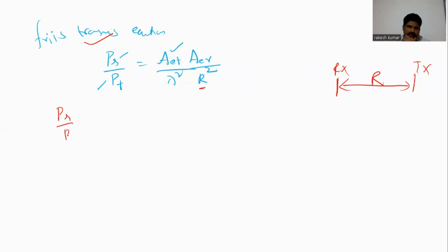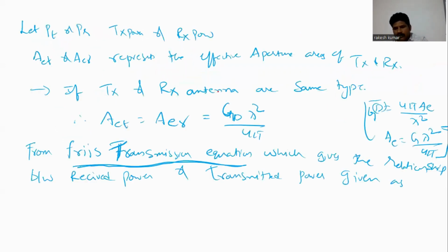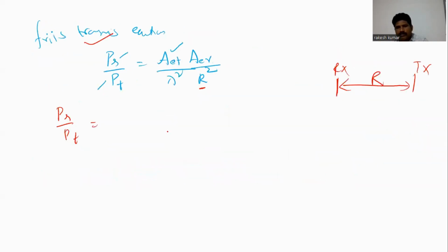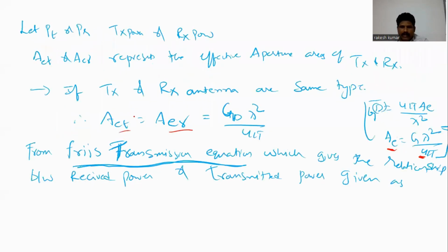Therefore, PR by PT is equal to, so what is the formula for AET? You have written that the formula for AE is equal to G lambda square by 4 pi. So for the transmitting antenna it is GD into lambda square by 4 pi, and in the place of AET I am writing this.